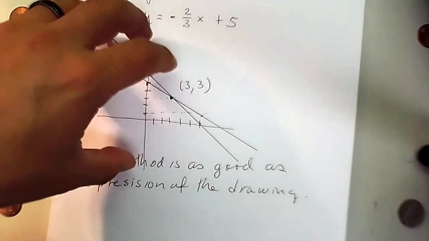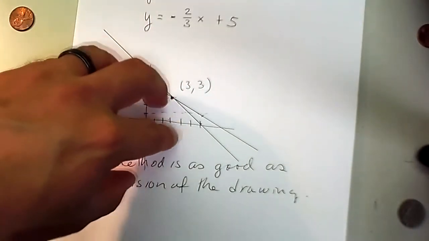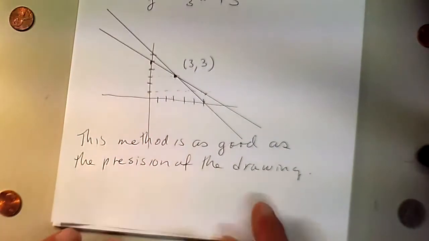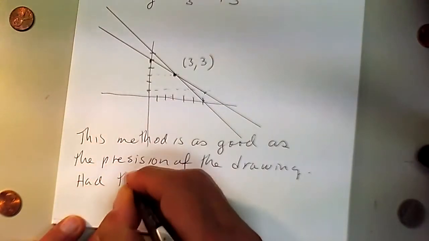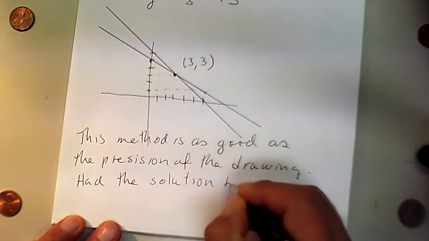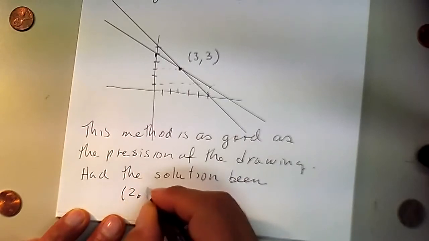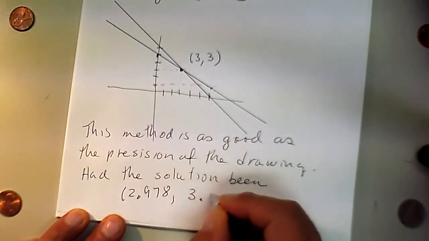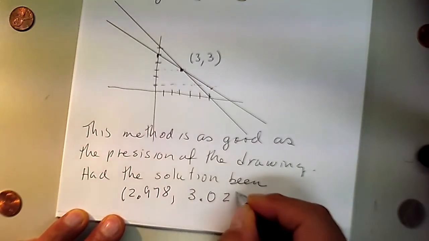We can guess the answer is (3, 3), but nothing guarantees that the answer will be an integer. What if the answer was supposed to be, okay, so I had the solution being something like (2.978, 3.027).